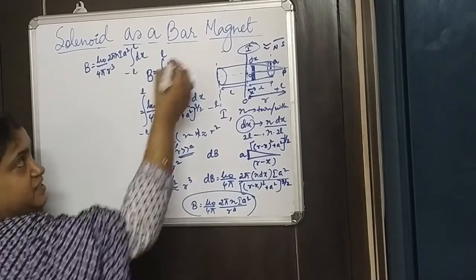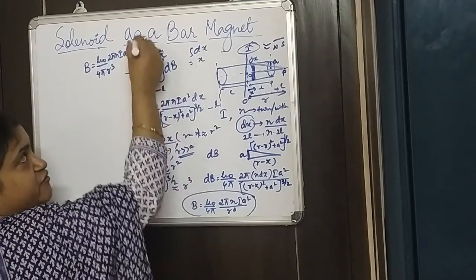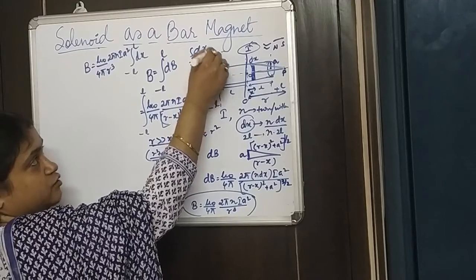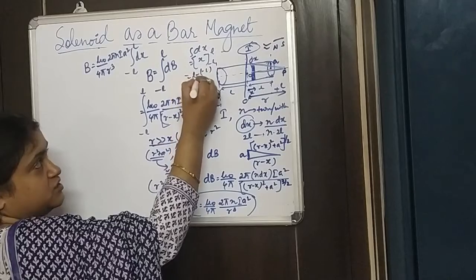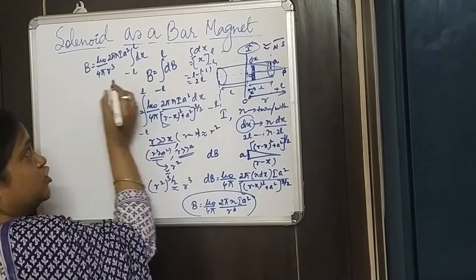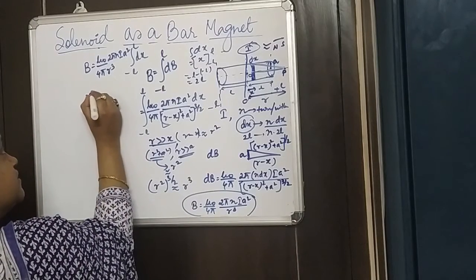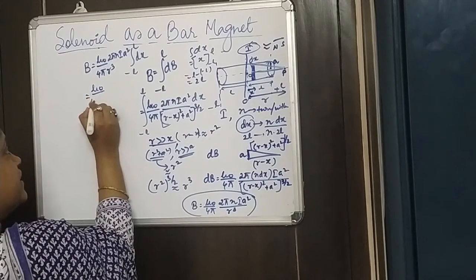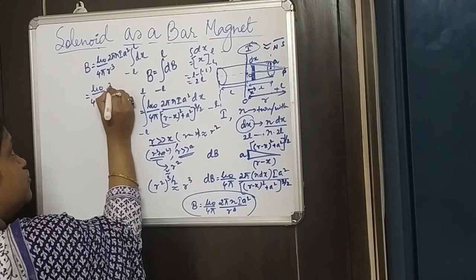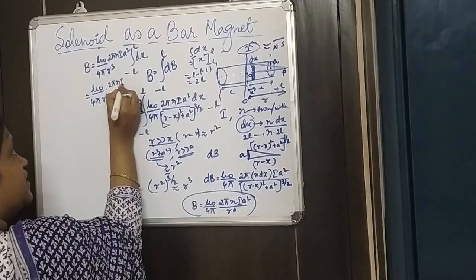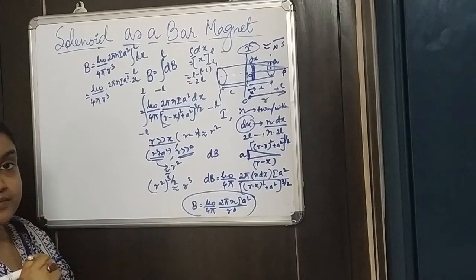Now if you do the integration mathematically, the integration of dx becomes x, and when you substitute the limits minus L to plus L, it will become L minus (minus L), which is L plus L, which is 2L. So this whole expression becomes 2L. So my term will be mu naught by 4 pi r cube, 2 pi n I a square into 2L, right?